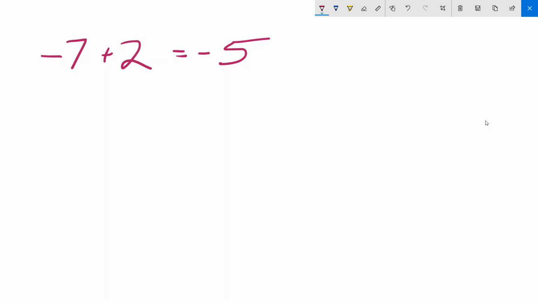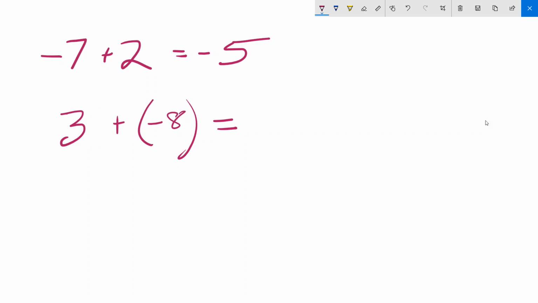Let me give you some other ones. Here we have a positive 3 being added to a negative number. So what do I do? Figure out the number first, and then we'll figure out the sign. Because that's what you have to do on these, is you have to figure out the number first.